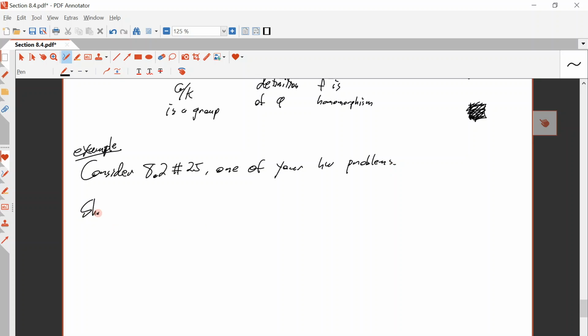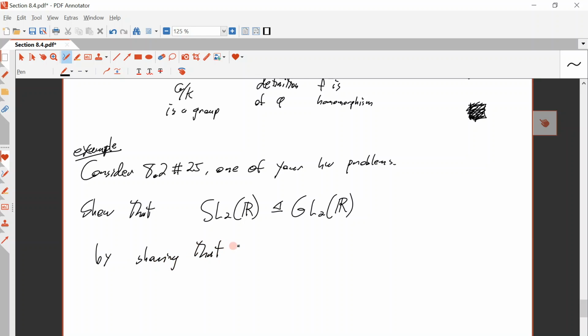All right, show that SL2R is a normal subgroup. We know it's a subgroup of GL2R. We want to show it's a normal subgroup of GL2R just by showing that SL2R is the kernel of some homomorphism.